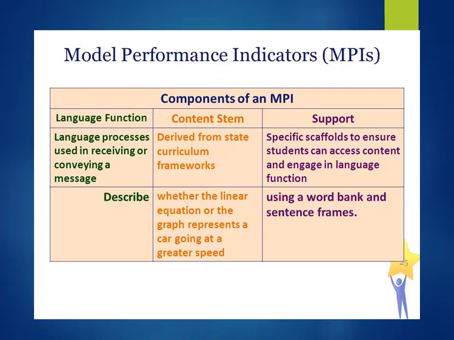This is really useful for us to really focus how we assess and how we teach our ELLs. So as you can see, we have the three components here: the language function, the content STEM, and the support.